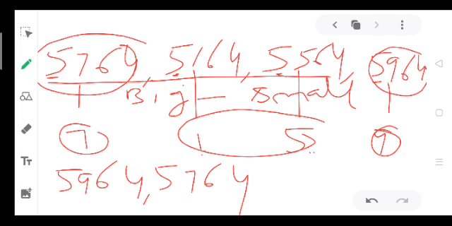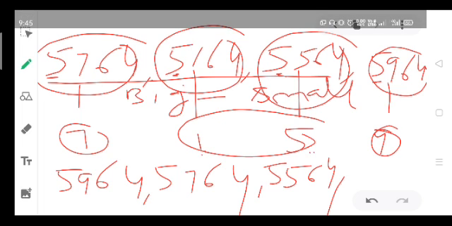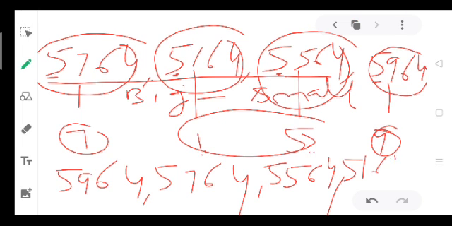Which one is bigger? 500. So we will write here 5564 and at the last 5164. Clear?